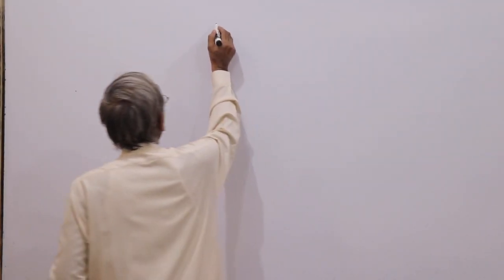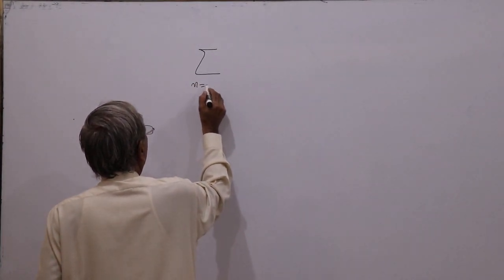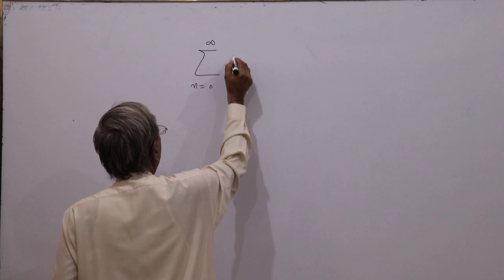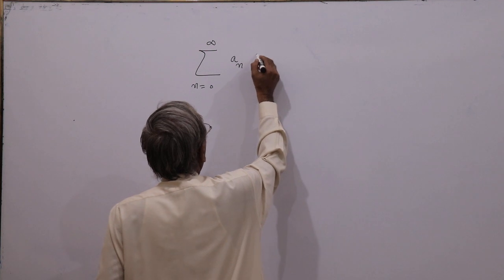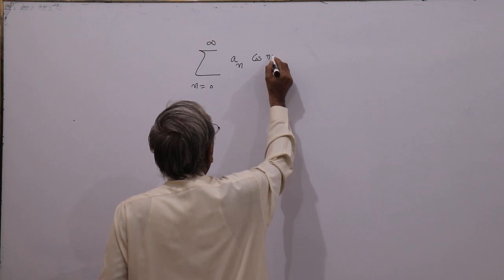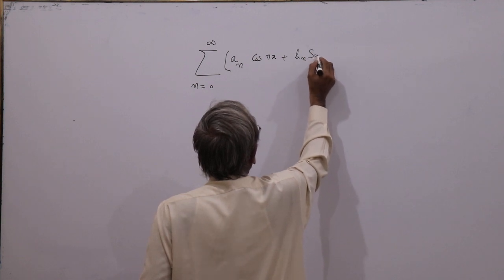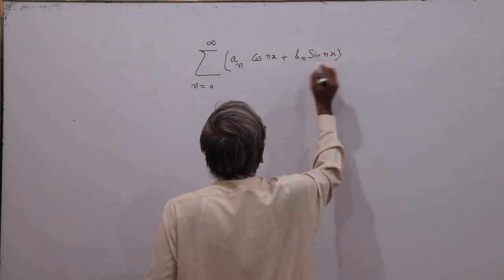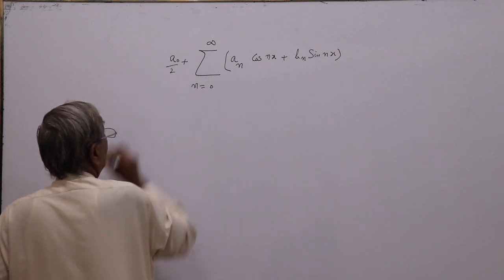Now I'm writing on the board a series: summation n equals 0 to infinity of a_n cosine of nx plus b_n sine of nx, and of course there is a constant term here, a naught over 2.